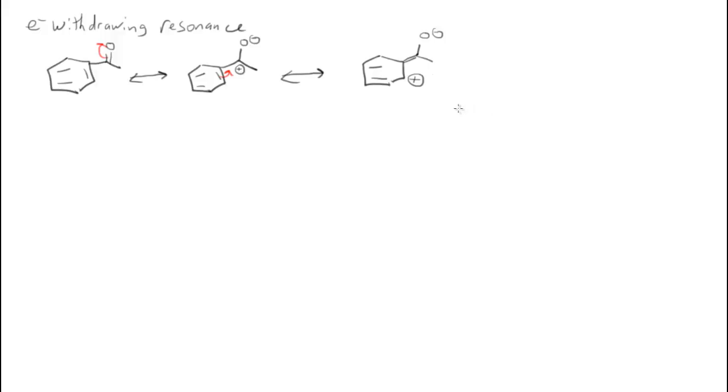And now that's placed a positive charge in my ring. I can stabilize that by moving the electrons around the ring from where the pi bonds are. And you'll notice, as we keep drawing these resonance structures, that the positive charges will end up ortho to our substituent and para to our substituent.